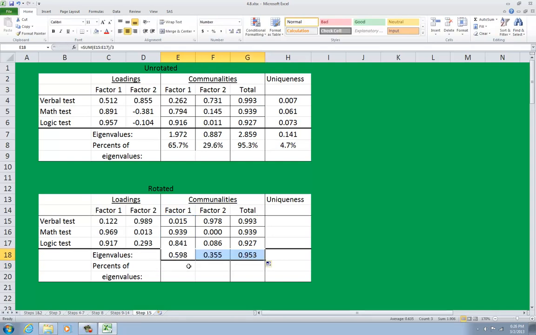Can move that across. And then this is going to be the eigenvalue divided by 3, and I know I did that wrong. I'll fix it. But let me just do this across. I didn't mean to do the divided by 3 yet. There we go.